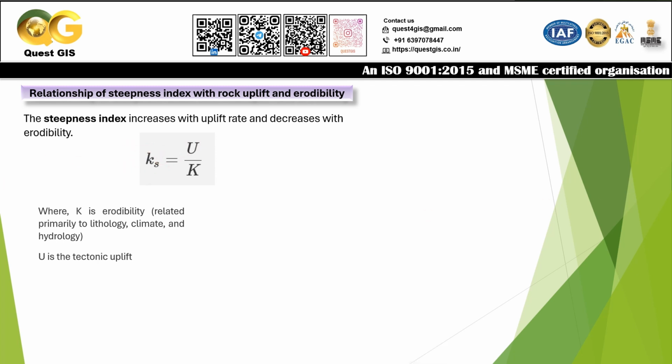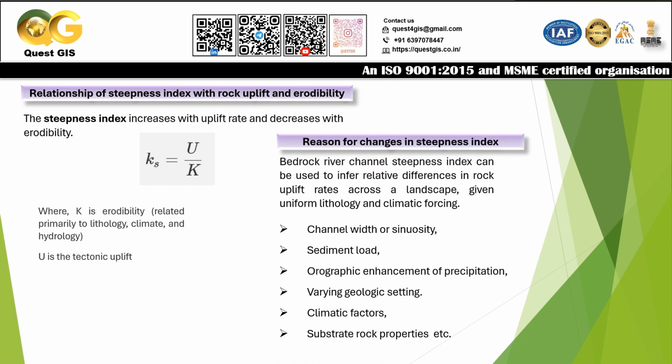So based on this, we can say that there are many factors that prevail in nature and create a complex system of fluvial environment and directly or indirectly influence the river steepness.